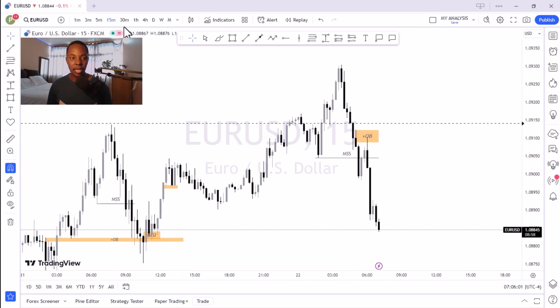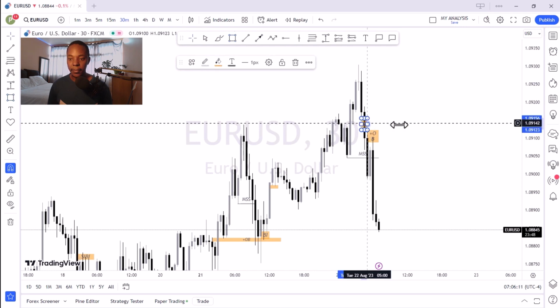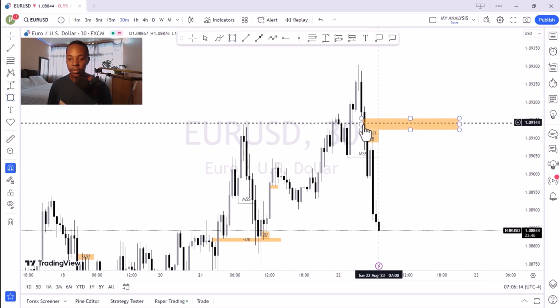At first, let me go to the 30 minutes. I didn't see that order block there. I think it's a 5-minute order block. Initially I had this CB here, and as you can see, I also had set an alert there. I wanted price to go back in there for me to sell, but it didn't do that.